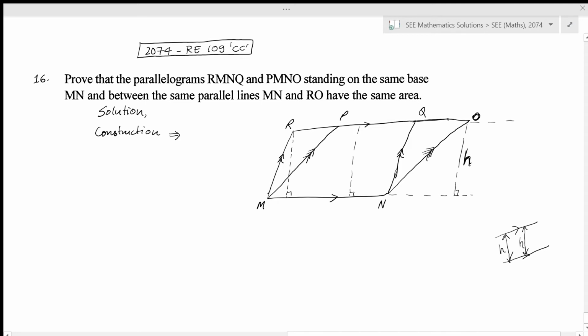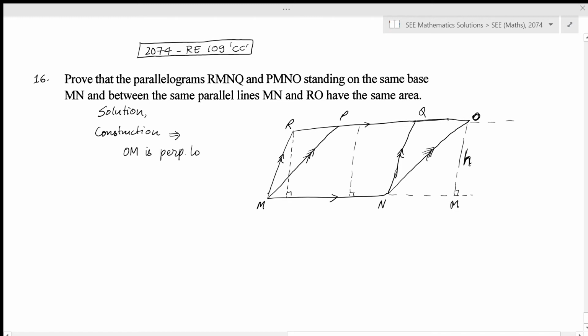So based on this simple property of parallel lines, we can say that this height will be the same no matter which point we take between these two parallel lines RO and MN. Let me just draw it here.